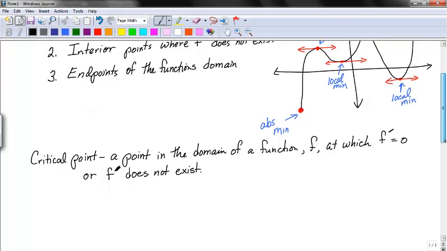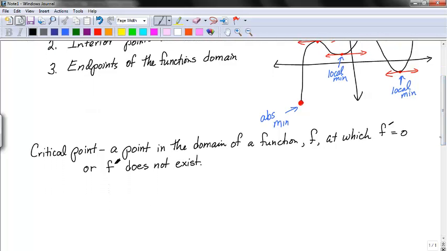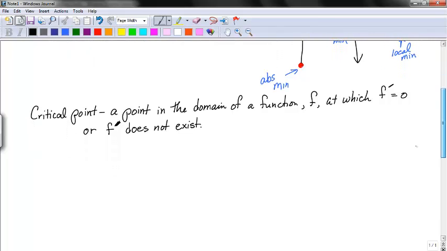Then the author actually gets a little bit ahead of himself in this section and talks about some things in section 4.2. So I'm going to go ahead and mention them here. If you look at page 273 in the next section, the author talks about concavity of a graph.